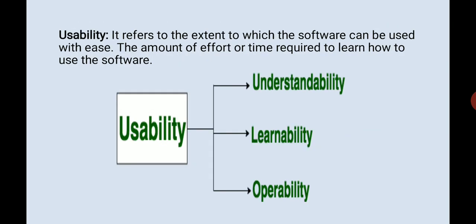Next is usability. It refers to the extent to which the software can be used with ease, that is, the amount of effort or time required to learn how to use the software. Ultimately, the software is meant for the customer, who need not have knowledge of the underlying hardware or how it is working.